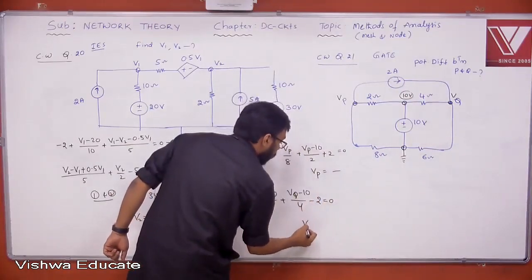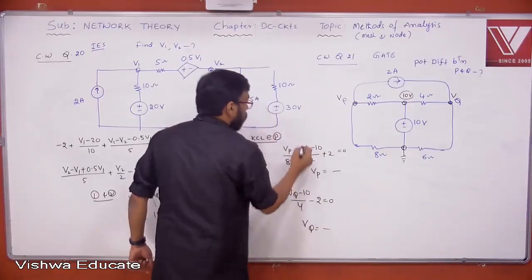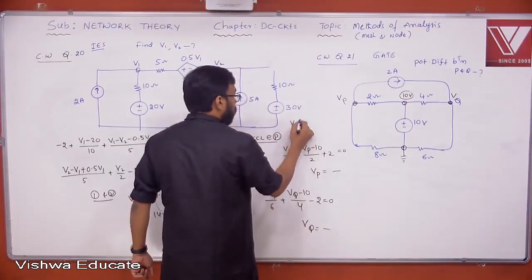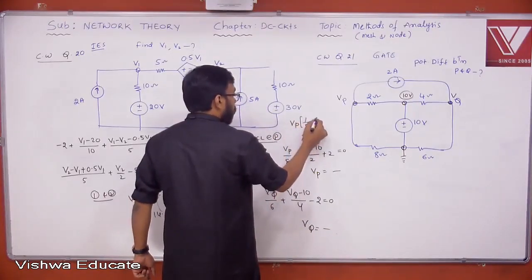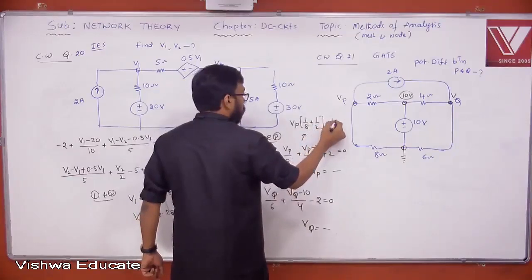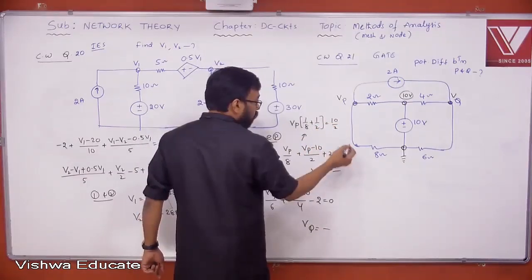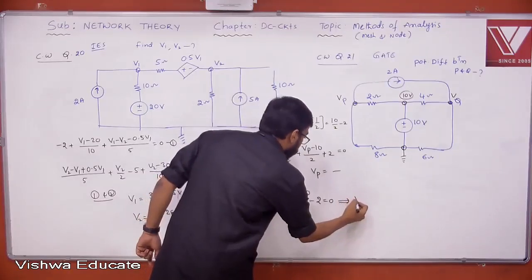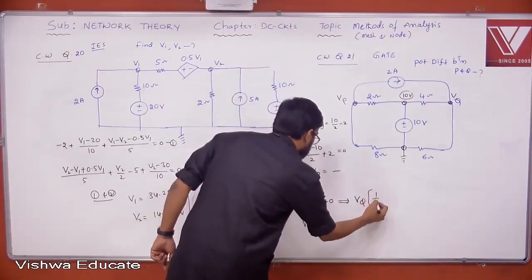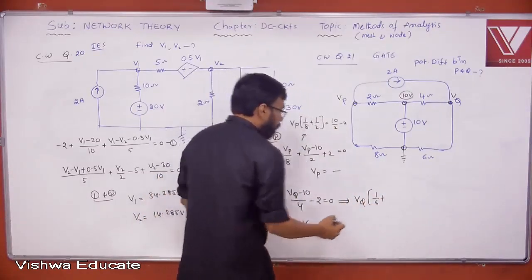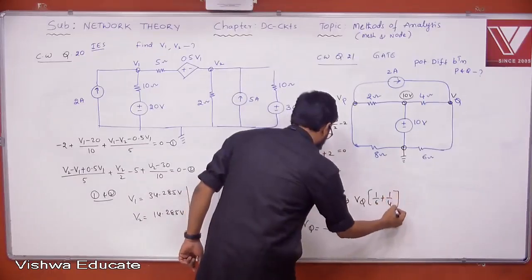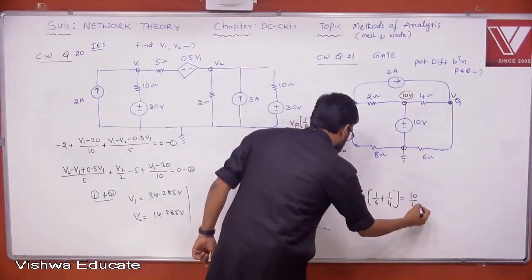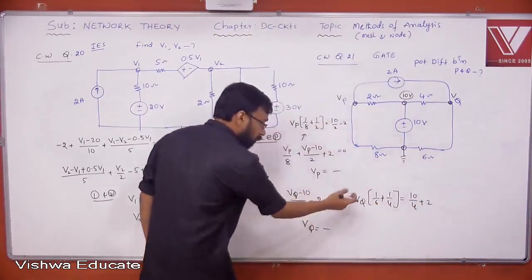From this you get the VQ value. Here you can say VP of 1 by 8 plus 1 by 2 is equal to 10 by 2 minus 2. Here VQ of 1 by 6 plus 1 by 4 is equal to 10 by 4 plus 2.